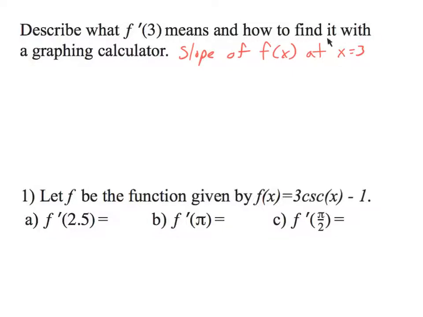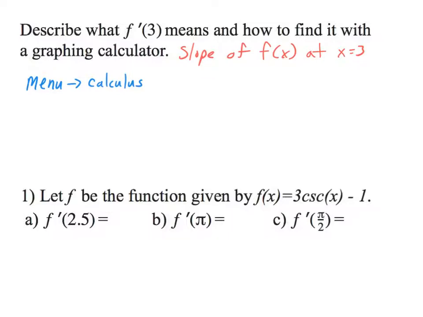How to find it with a graphing calculator. So how do you find the slope at any given point on a graphing calculator? Well, if you use an Inspire, you're going to hit the word menu. And then after you hit menu, you are going to click on the button that says calculus. From there, it's going to give you a template, and you're going to put in x is your value.